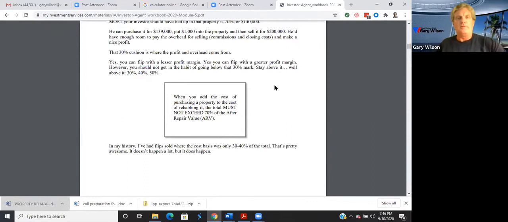First things first, you have to determine what's called the ARV, after repair value. If a property is in move-in condition, marketable condition, that doesn't have a lot of deferred maintenance, it's ready to go onto the market, that's your ARV. It's synonymous with the income approach evaluation, or what appraisals call the most reasonable price of a property for sale.